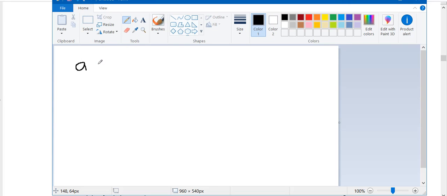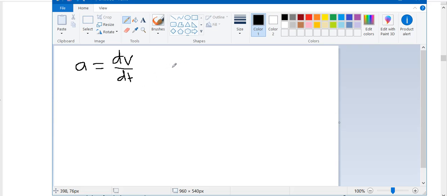For linear motion, we write a equals dv by dt.